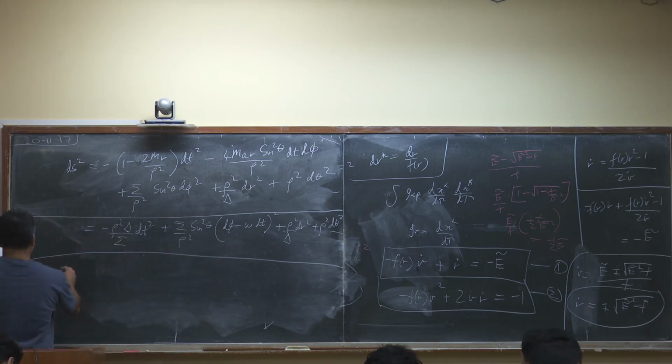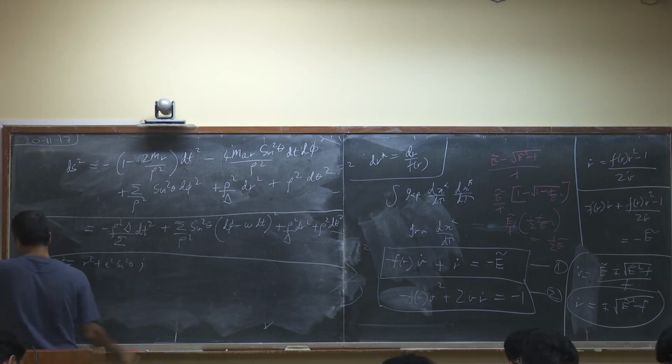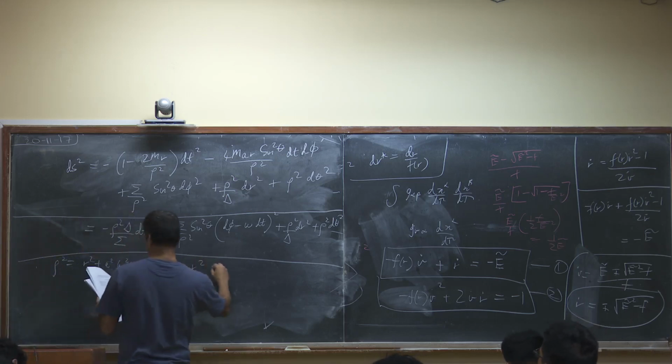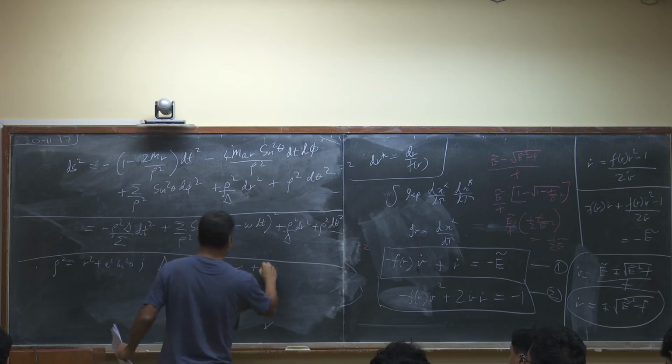Where rho squared is equal to r squared plus a squared cos squared theta. Delta is equal to r squared minus 2mr plus a squared.